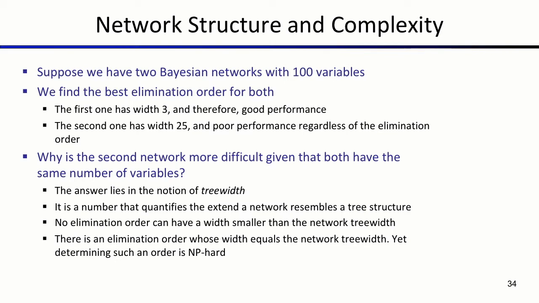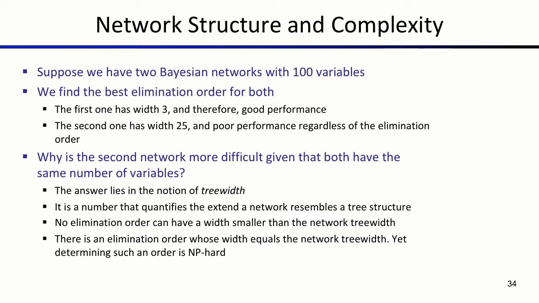Just to mention one hypothetical example, let's suppose that we have two Bayesian networks, both with 100 variables. It's possible that when we find the elimination order for the first Bayesian network, we find out that it will have a width like 3. So it will be very efficient to compute the queries that we pose to the algorithm.